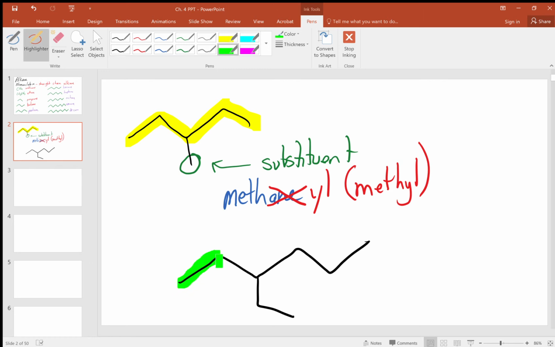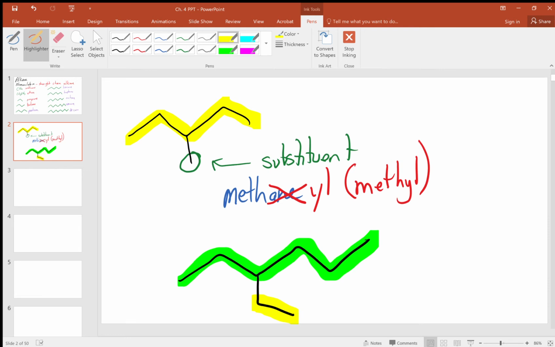Again, I'm just going to highlight our parent chain here in green, and you can see now we have a 2-carbon group coming off the parent chain. For 2 carbons, we know the name is ethane, but as a substituent, again, we get rid of the -ane and add -yl for ethyl. And so this would mean that a 3-carbon group is propyl, a 4-carbon group is butyl, and so on.